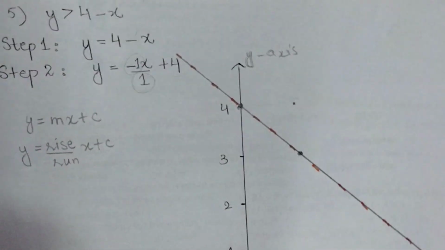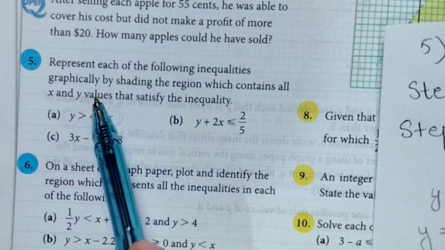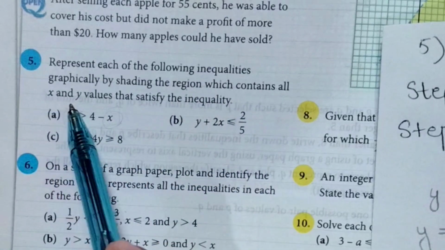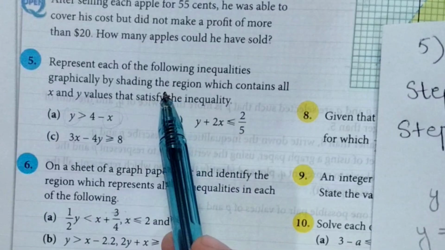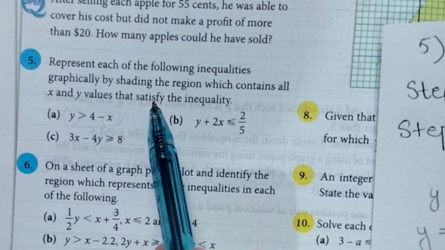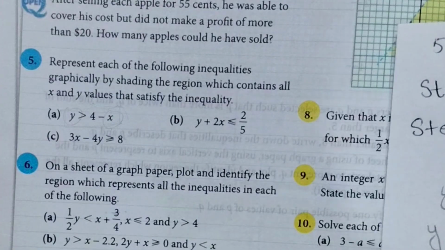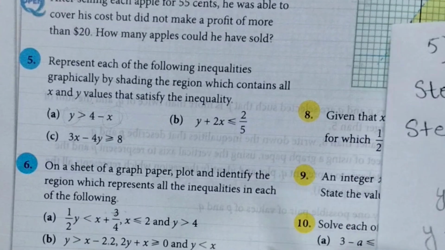Okay, because in the question it is mentioned that represent these inequalities graphically by shading the region which contains all the x and y values that satisfy the inequality, meaning that the values that are satisfying the inequality, I have to shade that region. Okay, if it's not mentioned then it's up to you which region you are shading.